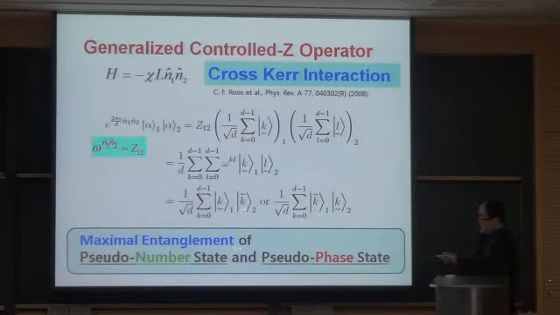So now we have maximal entanglement of these two laser beams using this simple nonlinear interaction. Now, the question is, I have to go to experimentalists. Can you make this? So I'm searching for experimental physicists to do that.